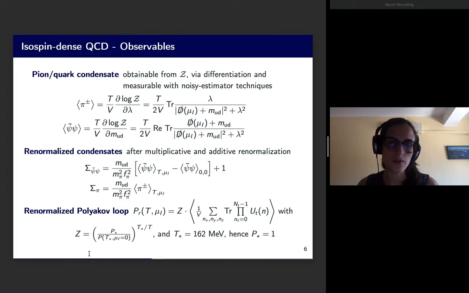In this case, you also have a multiplicative constant that you can fix by choosing arbitrary values for T star and P star, which correspond to each other. Different choices correspond to different renormalization schemes, and for the results that I will show you later, this was the choice. And the rest is the usual Polyakov loop definition.